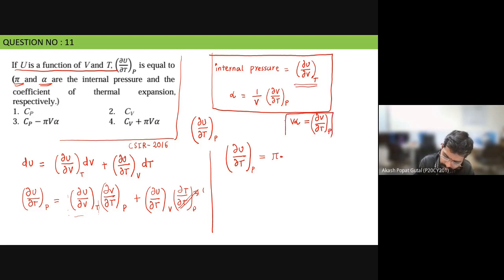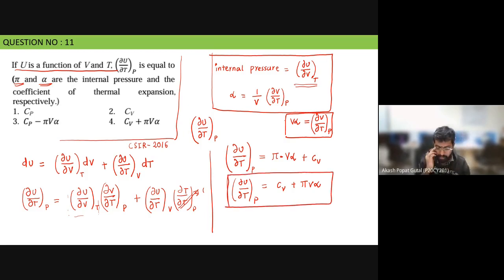So write V alpha. And we know del U by del T at constant volume is nothing but your Cv. What does the expression reduce to? Cv plus pi V alpha. That's option number 4.